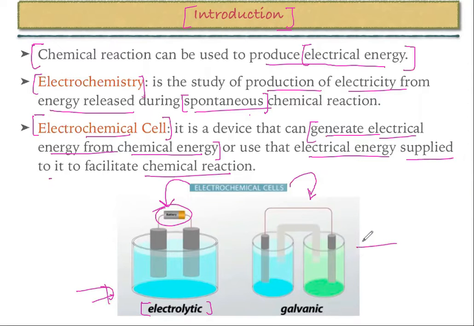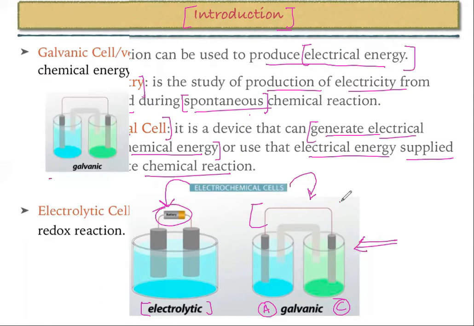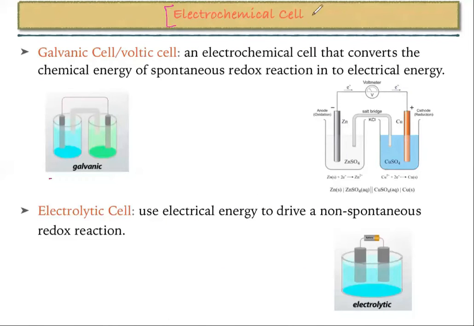Now, in the galvanic cell, no such external source is applied. Whether we talk about the anode or cathode, the electricity is generated by the chemical reactions. In the further slides, we'll discuss how the chemical reactions occur and how electricity is produced in the galvanic cell.